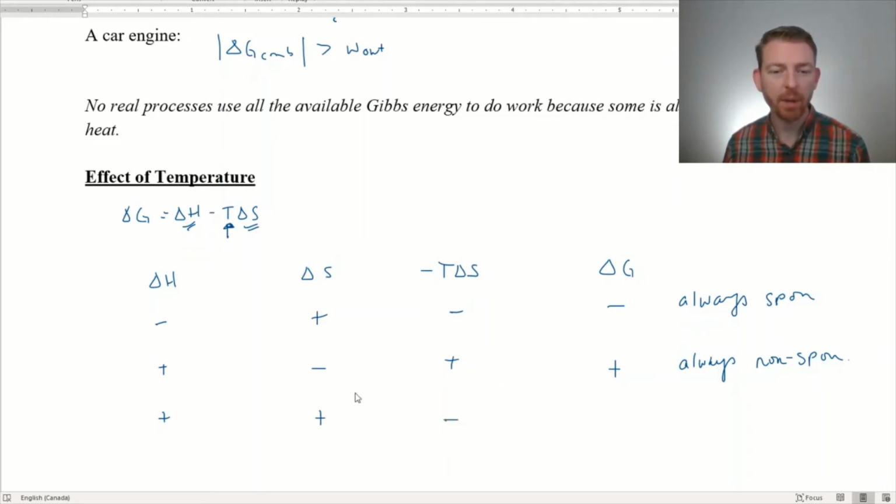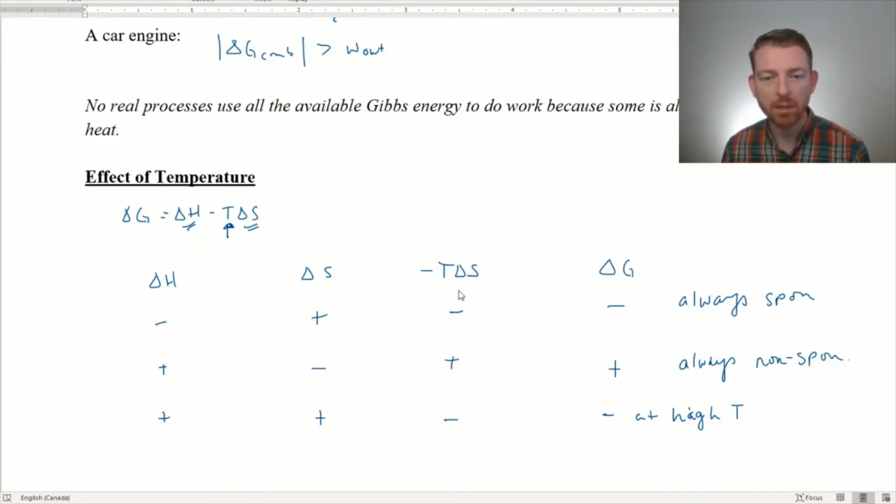And so now we have this positive and a negative, and the spontaneity of the entire process, or the sign of delta G, is going to be determined by the size of that temperature. So in this case, delta G is going to be negative at high temperatures, where this term can overpower the positive effect of the enthalpy.